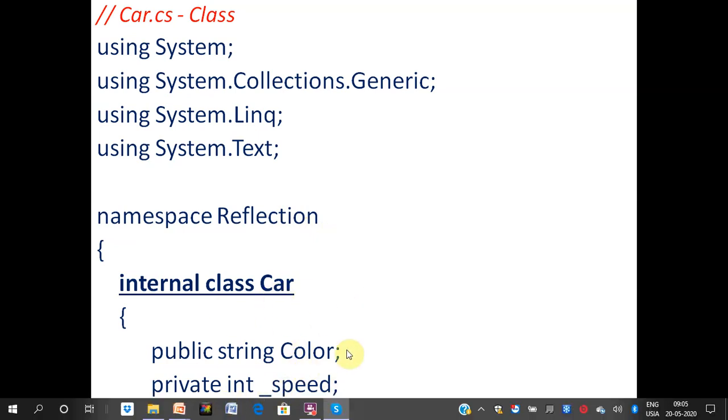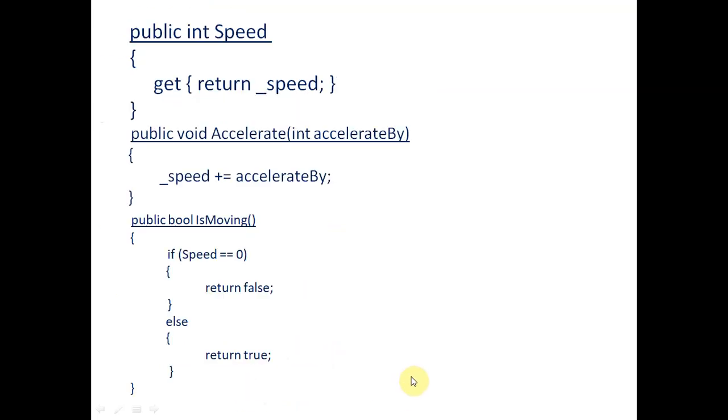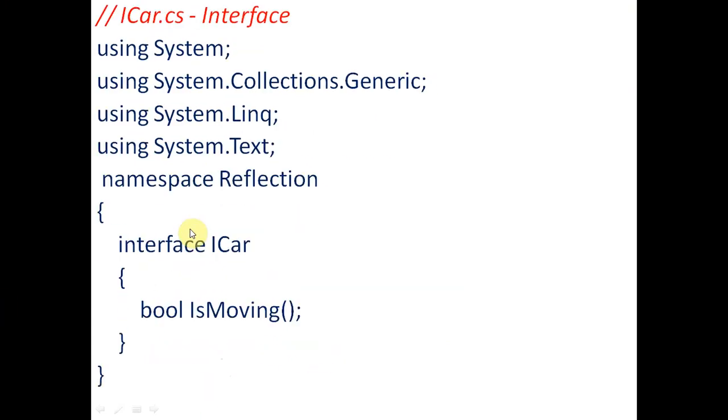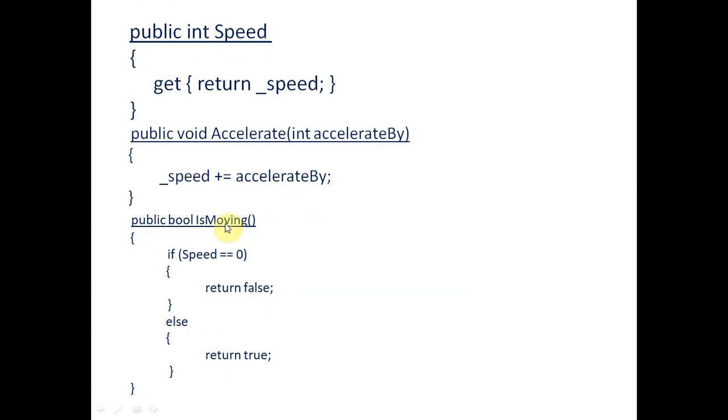In this Car class we have color and speed as two variables. Color is a string variable and speed is an integer variable. The prototype of the isMoving function is defined in this interface. IsMoving is a boolean function. The prototype is given here, and this function is implemented here.